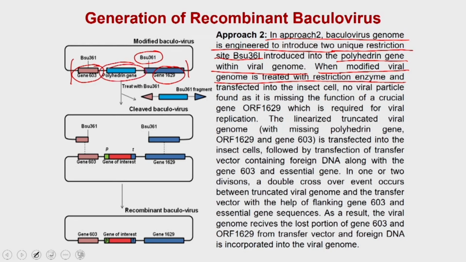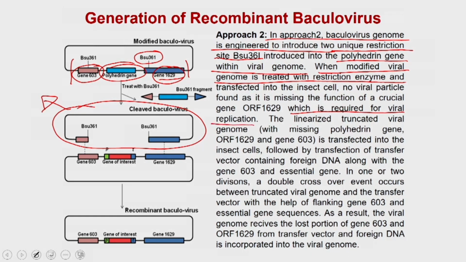Now, if you transform this cleaved fragment, you are not going to get any viruses, because you are missing the crucial function of the gene 1629, which is required for viral replication.